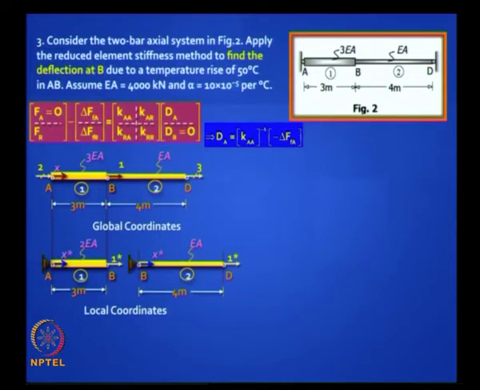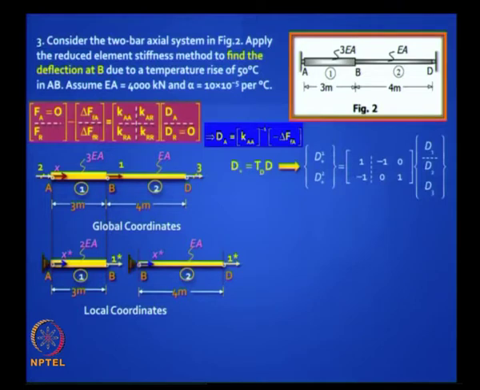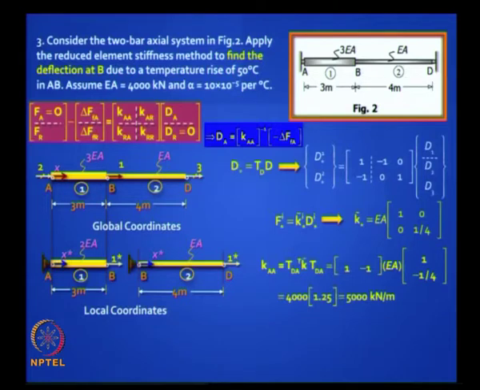This is a familiar picture. If you want the full TD matrix, you can write it down, but all you need is only TDA, and your K star matrix is very simple. It's a diagonal matrix. So your KA is child's play. In one shot you can get it.